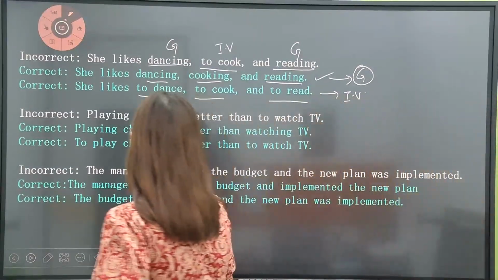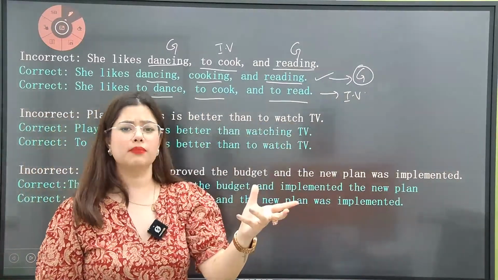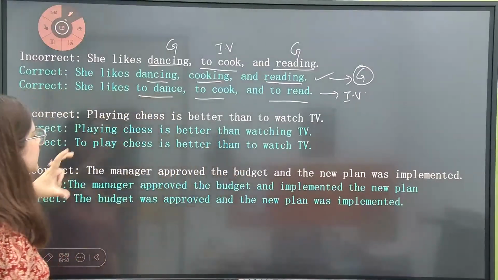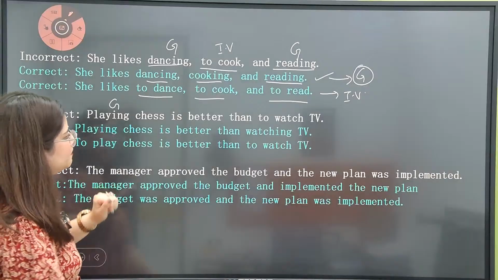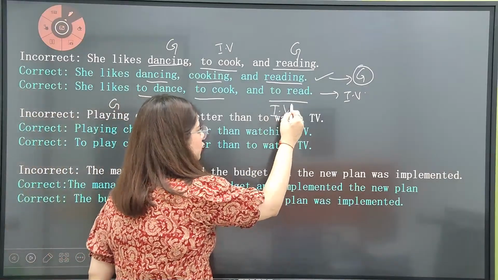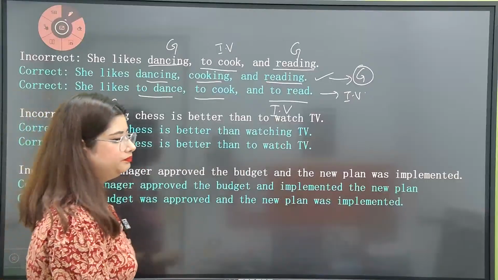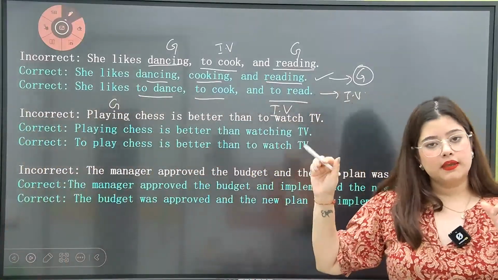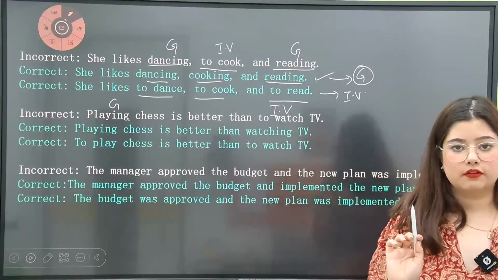Next, playing chess is better than to watch TV. Same mistake, different type में same mistake हो रही है. क्या same mistake हो रही है? Playing chess, gerund, is better than to watch TV, infinitive verb. दोनों को gerunds में convert कर सकते हैं या दोनों को infinitive verb में convert कर सकते हैं.